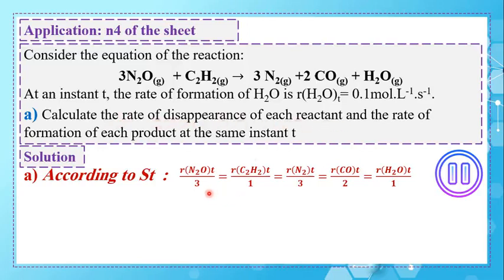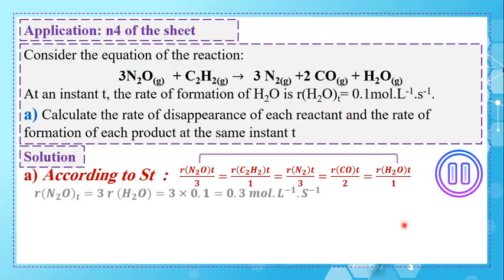So for N2O, we find a relation with the instantaneous rate of formation of H2O given here. So we write the instantaneous rate of disappearance of N2O is equal to 3 times the instantaneous rate of formation of H2O equal 3 times 0.1 equal 0.3. Don't forget the unit. It is mole, liter minus 1, second minus 1.